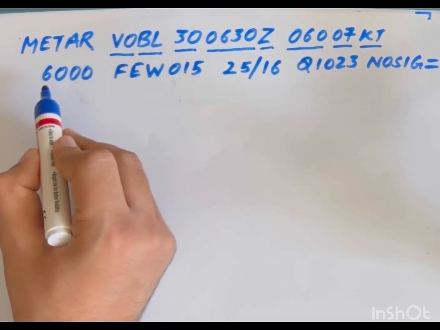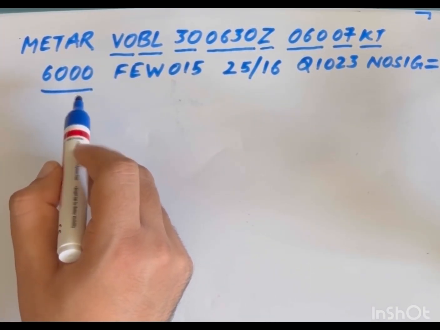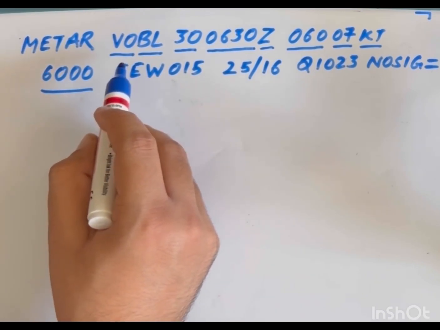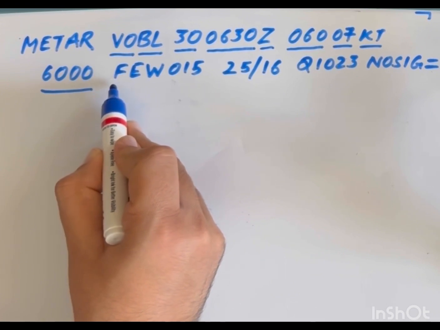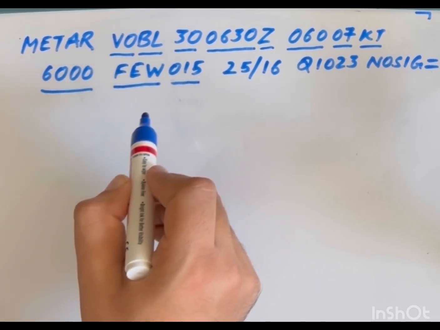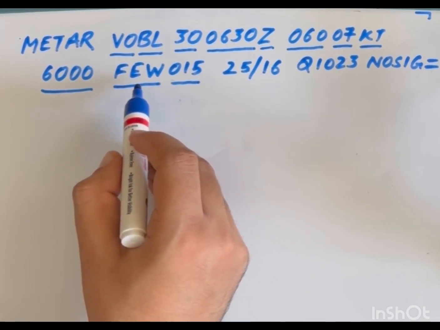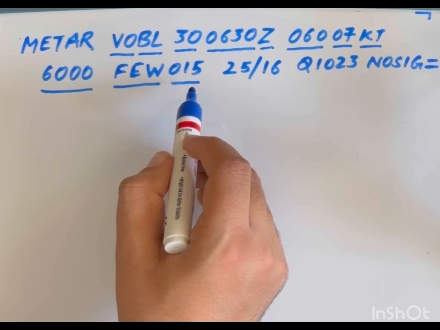The next part is written as 6000. That is the visibility which is written. So the visibility at Bengaluru airfield is 6000 meters. And the next part tells us about the cloud coverage in the sky. So it is saying that there are a few clouds at 1500 feet AGL.